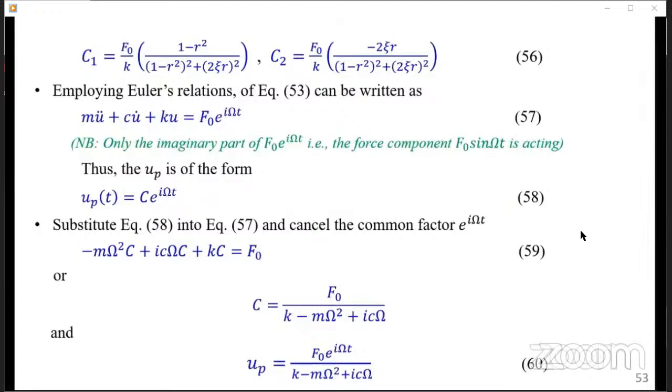And now we are saying, from equation 58, that we have a compact form of the particular solution. We substitute in equation 57, and you cancel the common factor, e raised to power i omega t, you're going to have equation 59. So this is a matter of derivation and hard calculations, so that you can see how you are obtaining the value C and the value of Up.